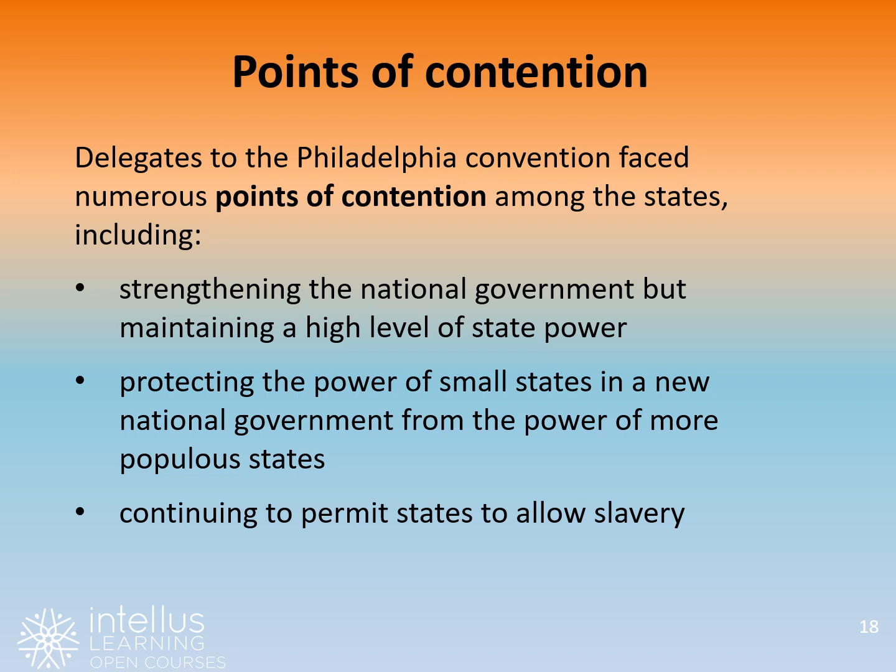They wanted to protect the power of small states in a new national government from the power of more populous states. And they continued to want to permit states to allow slavery. Slavery was still a big issue here. And so these were all points that had to be worked out in this new government.